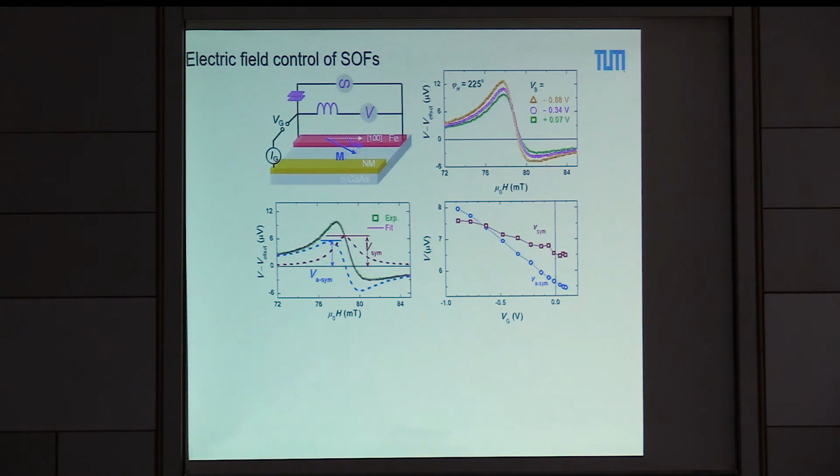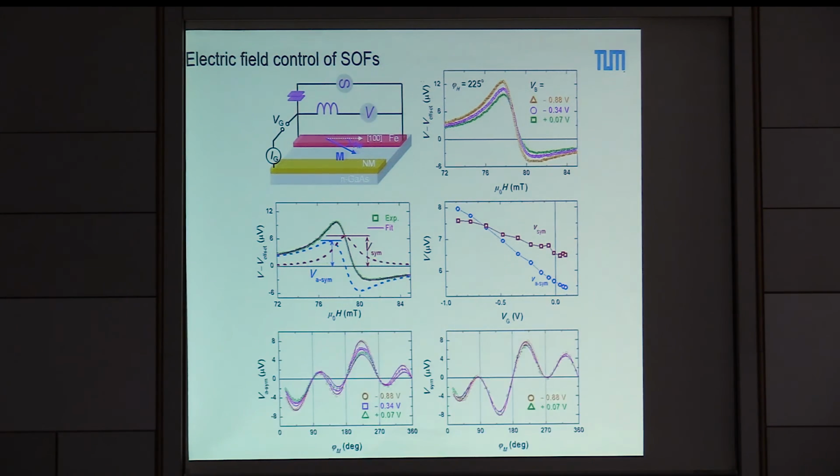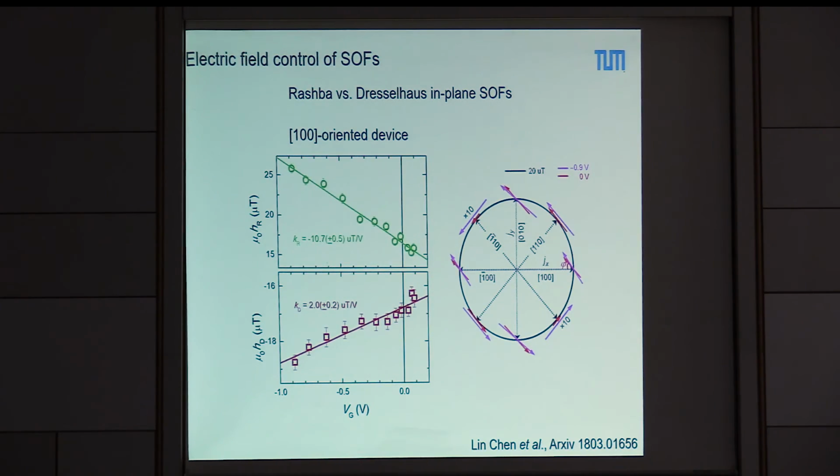So here you can see the data traces, and you can see these changes in the shape of these Lorentzian lines. And what you can see, they actually don't even have the same slope. So you can also do the angular dependence, and you can also see this dependence if you do the full angular dependence of the symmetric or the antisymmetric voltage.